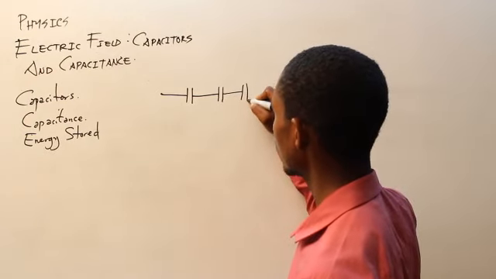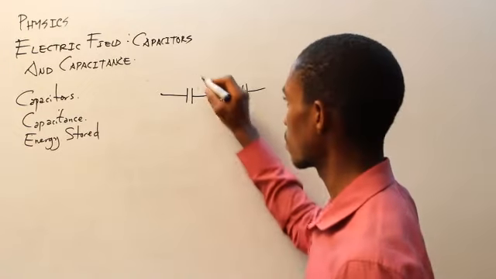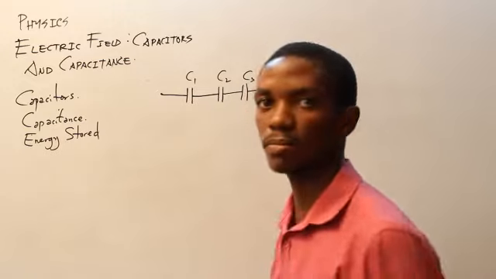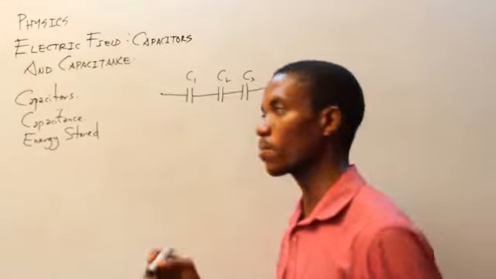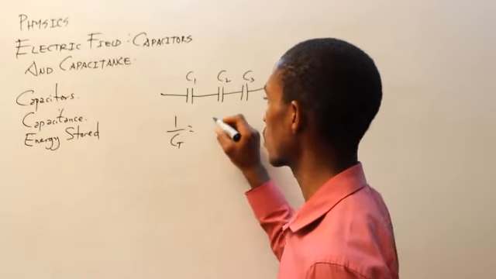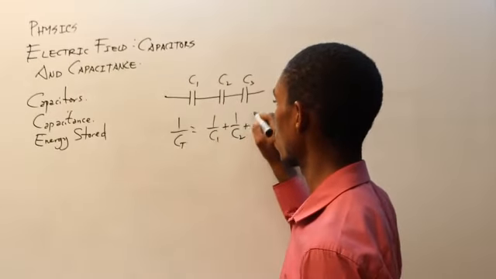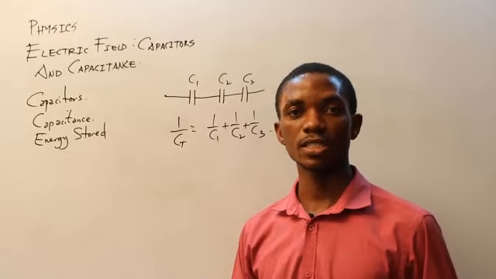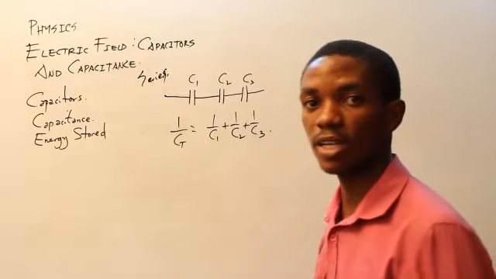how do we find the total capacitance? C1, C2, C3. When capacitors are connected in series, 1 over C total equals 1 over C1 plus 1 over C2 plus 1 over C3. That's in series connection.